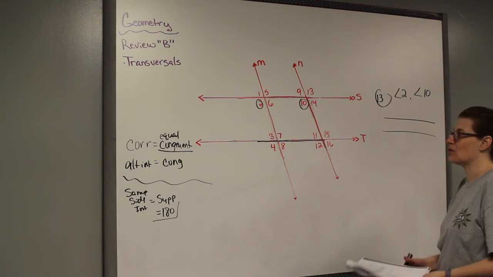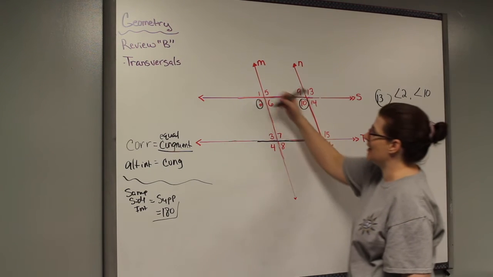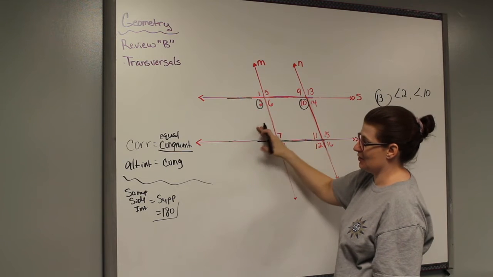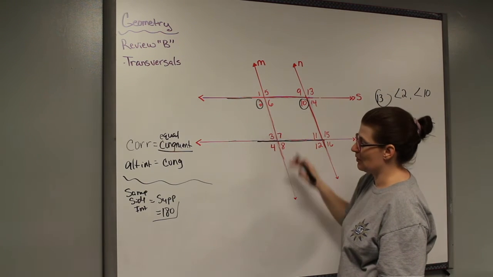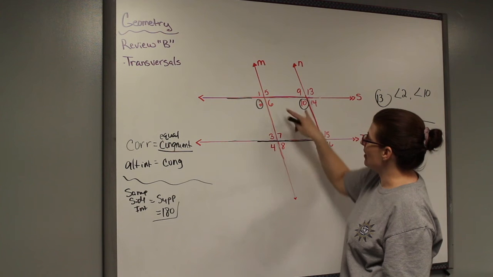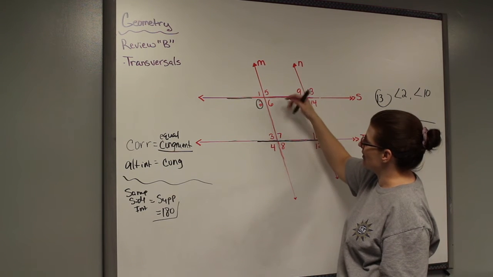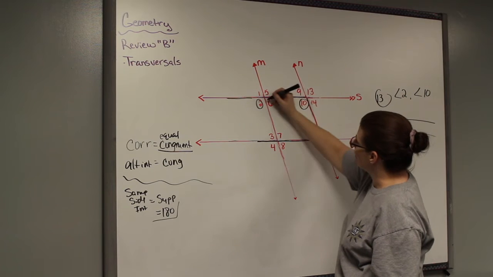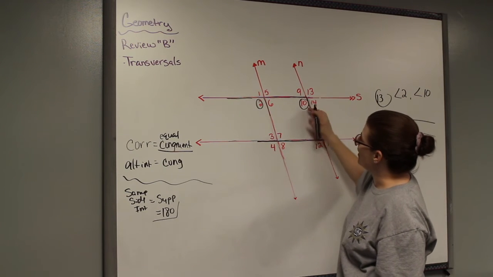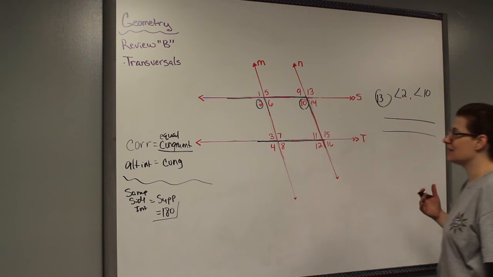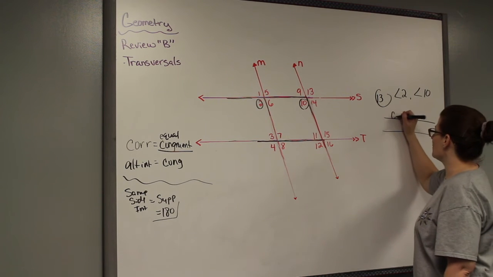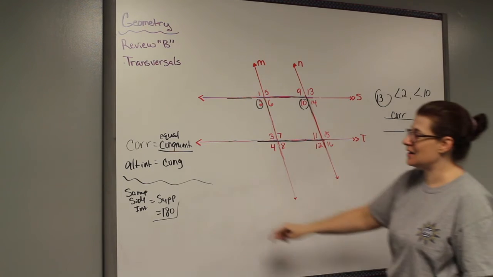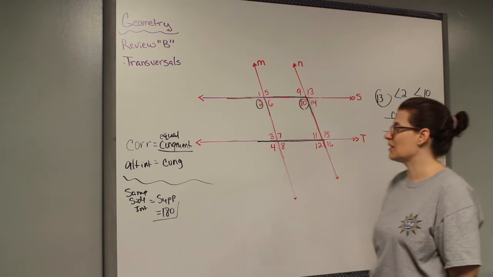When I'm looking at those and I look at the shape of the line, first of all, they're not alternate interior because they're not across the bar from each other, and they're not same side because they're not here together. So they have to be corresponding, but if you look, I can make my F there, so 2 and 10 are corresponding. So we would write corresponding, and you can just write cor if you want, but don't get it confused with congruent.